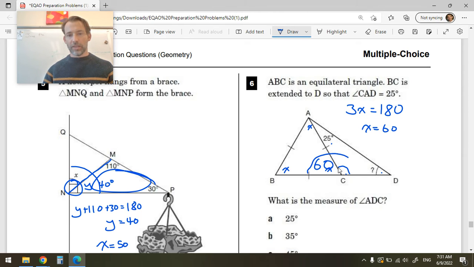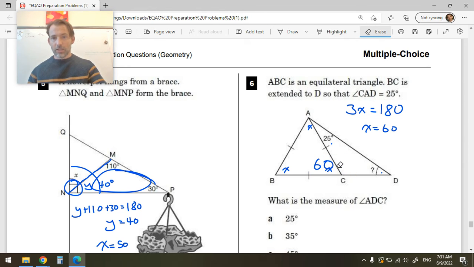And then we know that this angle here would be 180. So this has to be the difference between 180 and 60. So that's 120. All right, so let's put that on there. Notice I'm just working from what I know towards what I don't know. 120. Now 25 plus 120 plus this angle will be 180.